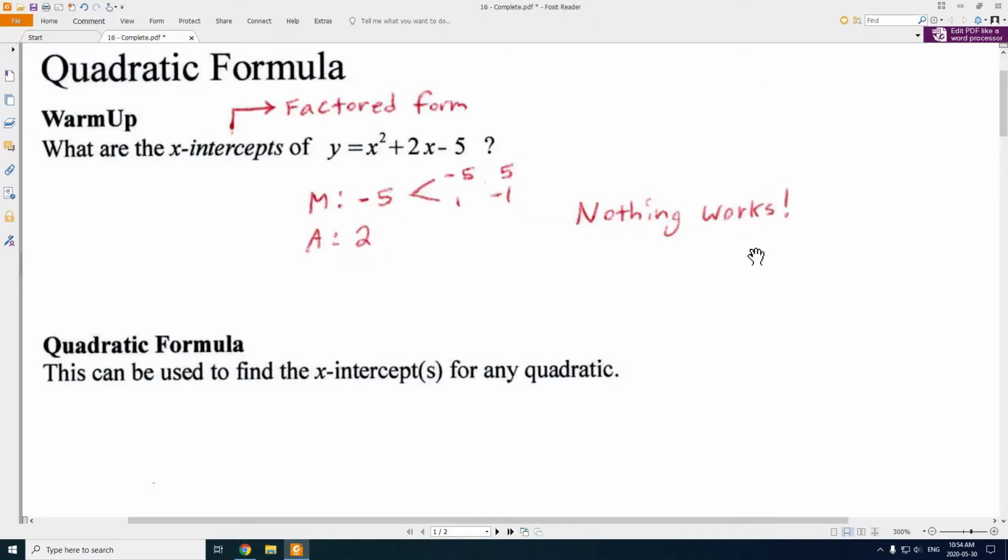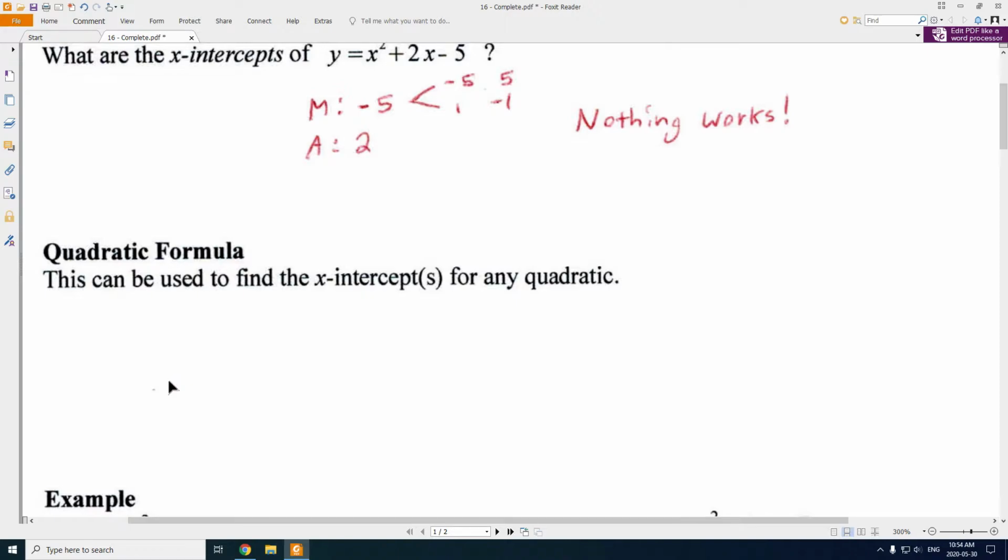So that's where the quadratic formula comes in. When you get in a scenario where you want to find the x-intercepts, but you can't factor, sometimes it's some decimal number that you can't guess. In that scenario, you use the quadratic formula.